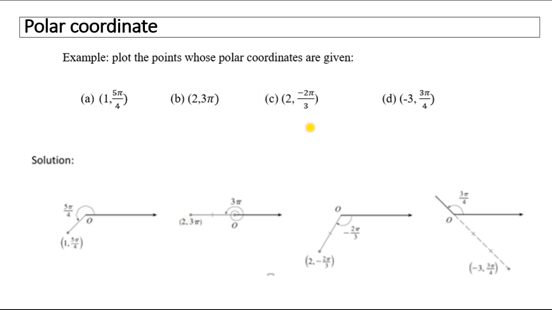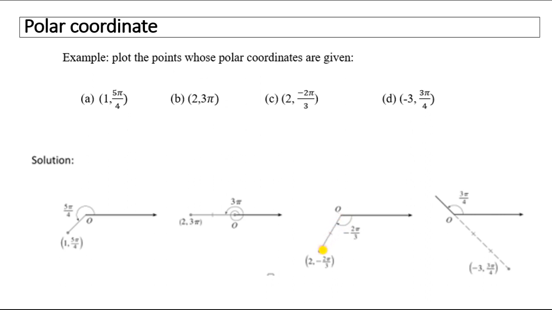C: (2, minus 2 pi over 3). I begin from theta equals 0. Because theta is negative, I measure with the clockwise direction.